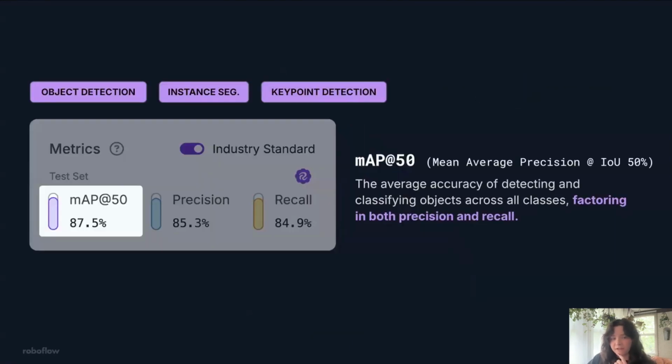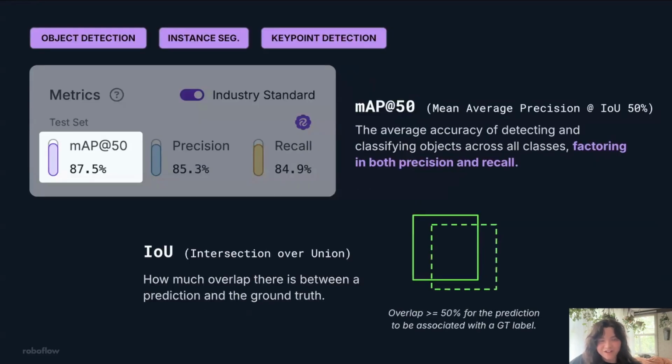So the mAP at 50, coming back to that, is not a confidence threshold, because we look across all of them. It's actually that your IOU threshold is 50%. IOU sounds much more complicated than it actually is. That's just your intersection over union, aka how much a box needs to overlap a ground truth label in order for it to count as the prediction for that ground truth label.